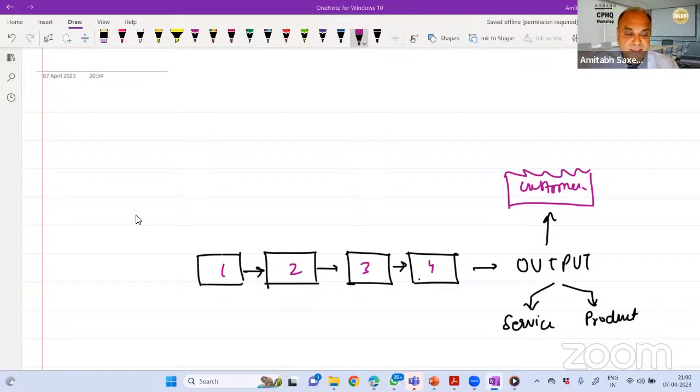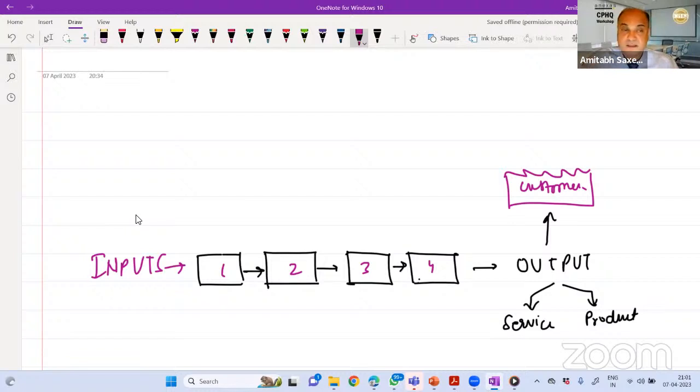Obviously, you require certain inputs which need to be processed. Inputs could be information. Inputs could be, if you're a lab, then let's say chemical reagents. Then the skill of the people, the staff, and all these are inputs to your process.